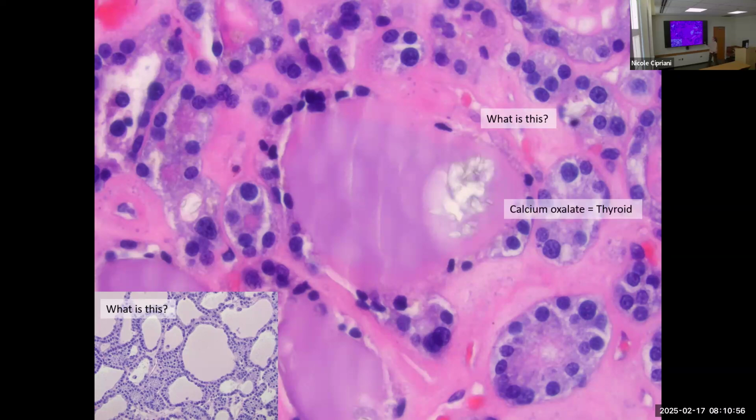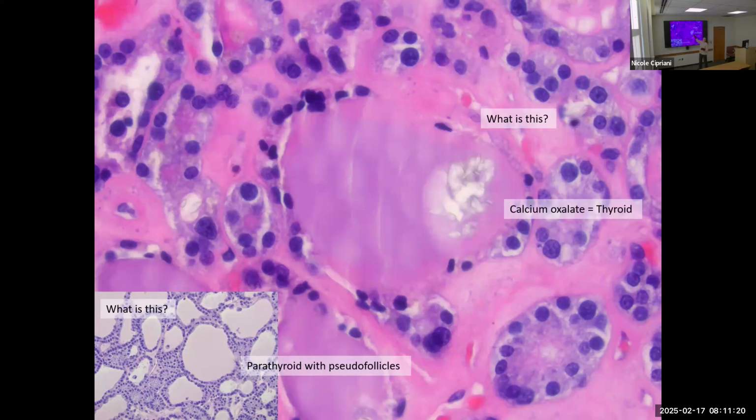Because sometimes, especially on a frozen or when you're not sure what's going on, you can have something like this on the bottom left. That on the bottom left is not thyroid, that's cystically dilated parathyroid. Sometimes when one is trying to distinguish thyroid versus parathyroid, it can be challenging, especially if the parathyroid has this pseudofollicular dilation.